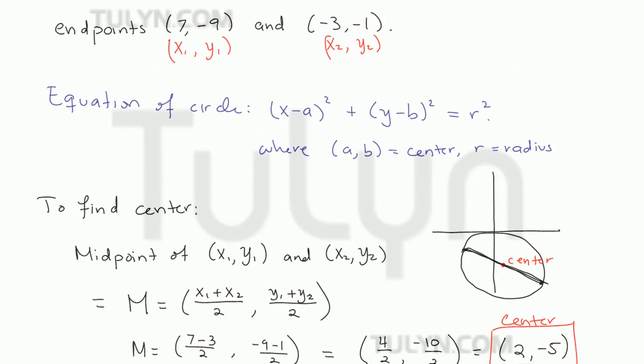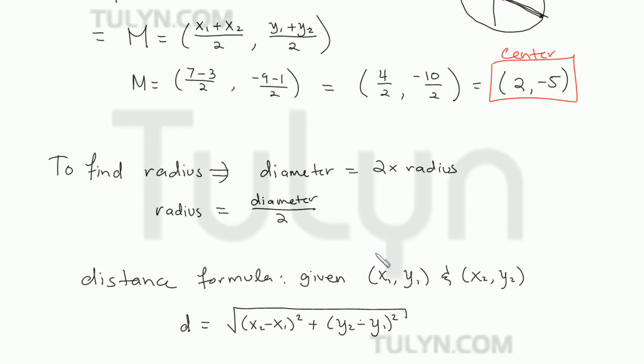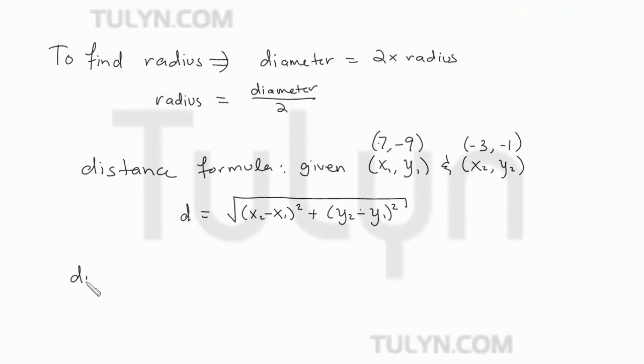It was (7, -9). And our (x2, y2) was (-3, -1). So to find the diameter, we find the distance between these 2 points. The diameter is going to be the square root of (x2 - x1), so (-3 - 7)^2, plus (y2 - y1), so (-1 - (-9))^2.